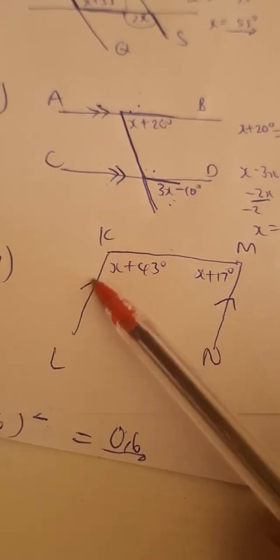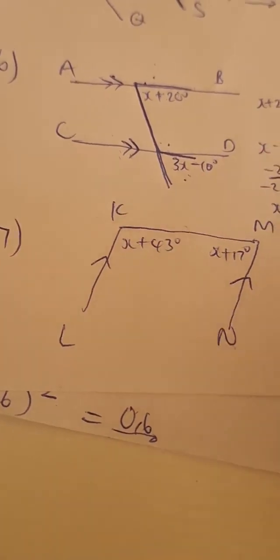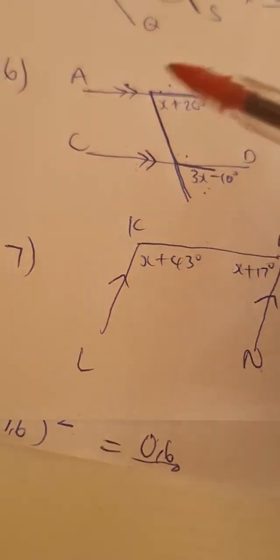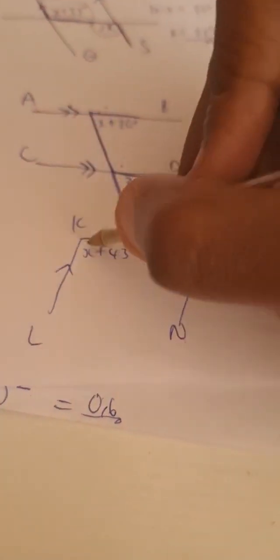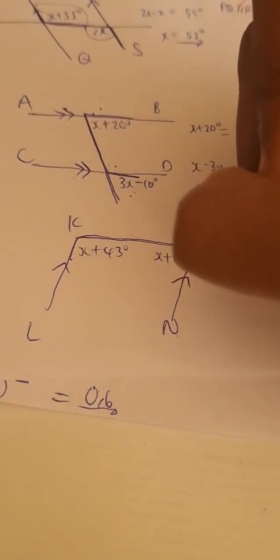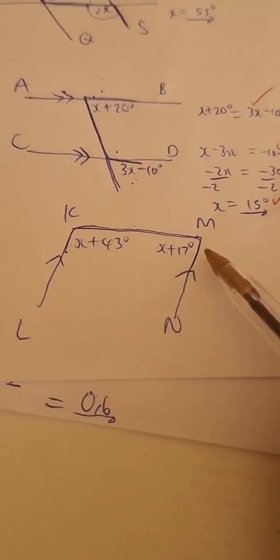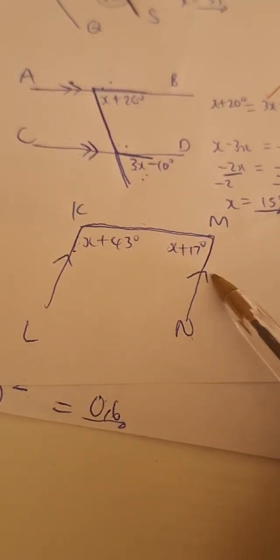Okay, so KL and MN, very true. What relationship exists between these two angles? You can see guys that this one is the U shape. They are inside the angles, inside the parallel lines.